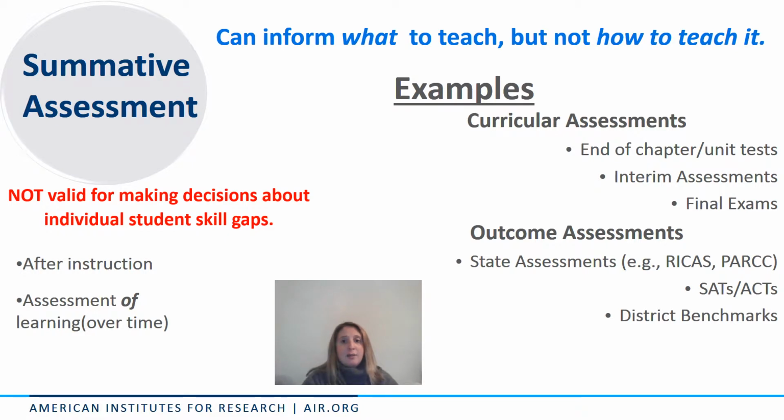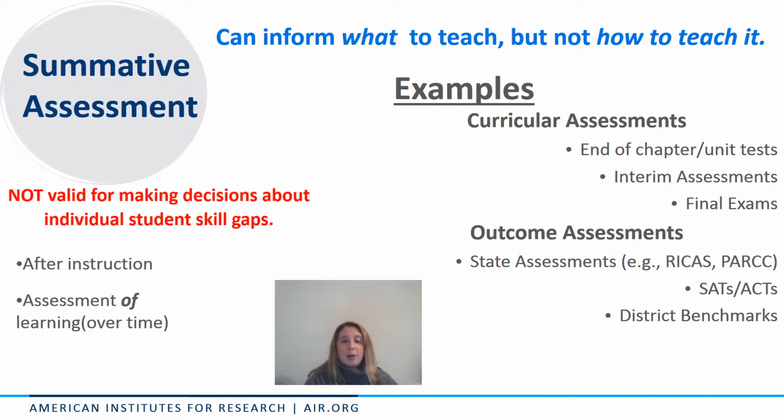For example, by the end of 3rd grade, students should be able to represent and solve problems involving multiplication and division, understand properties of multiplication and the relationship between multiplication and division, multiply and divide within 100, solve problems involving the 4 operations, and identify and explain patterns in arithmetic, develop understanding of fractions as numbers, solve problems involving measurement and estimation of intervention, and many other 3rd grade Common Core standards.